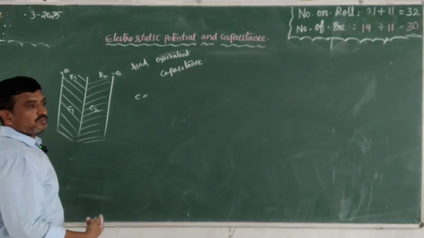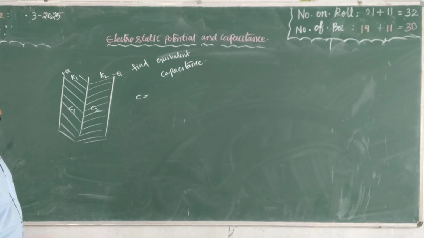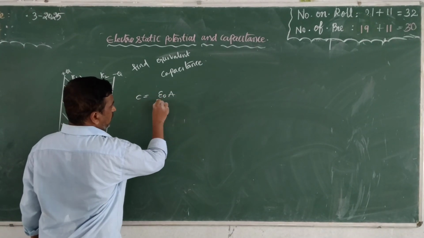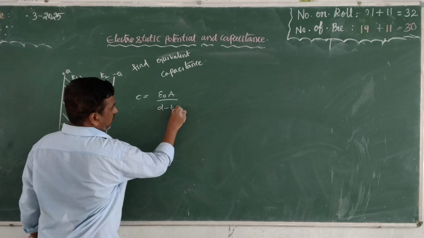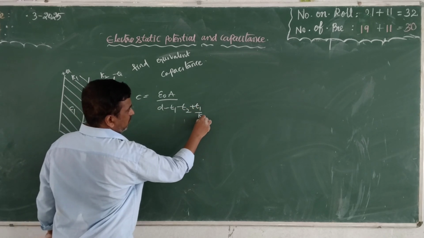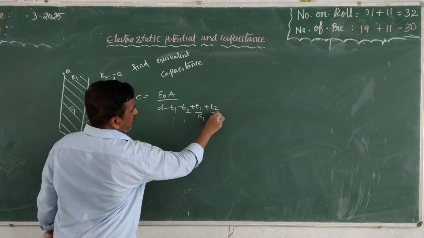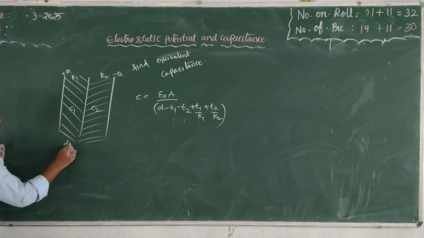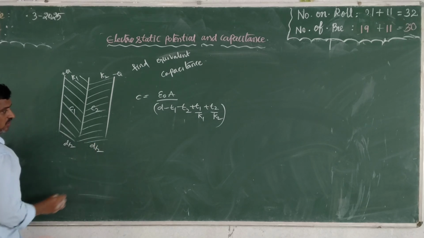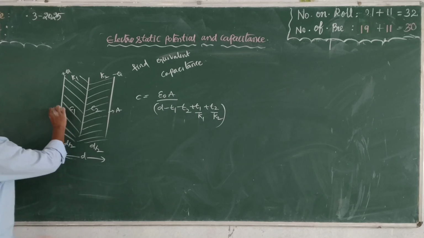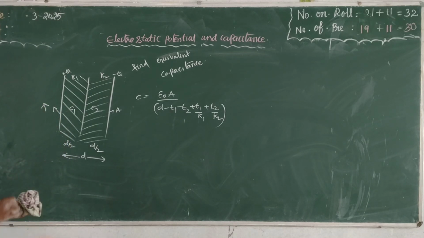So now the capacitance of the dielectric placed between the plates, what is the formula? C equal to epsilon naught A by D minus T1 minus T2 plus T1 by K1 plus T2 by K2. We can use this one. See here, this distance is D by 2, this distance is D by 2, total distance is D, its area is A. In this case we want to find the equivalent capacitance.